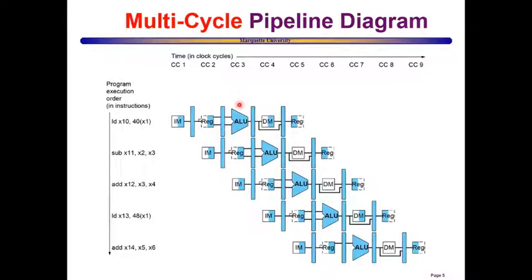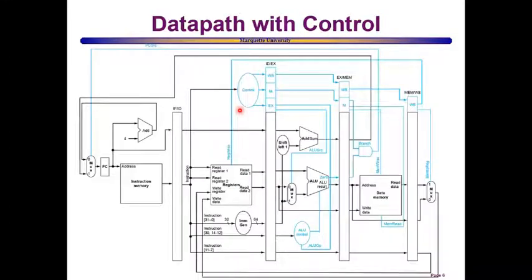So this diagram is helpful in illustrating that at clock cycle number 3 we have 3 instructions being worked on by the pipelined data path at the same time in parallel. This is what is referred to as ILP, or instruction level parallelism.